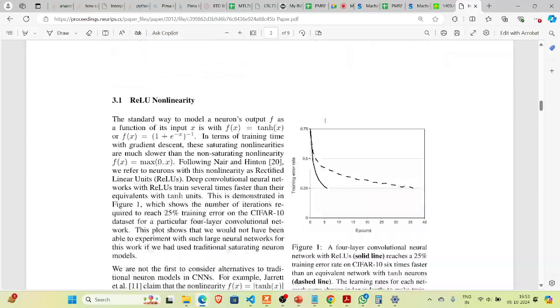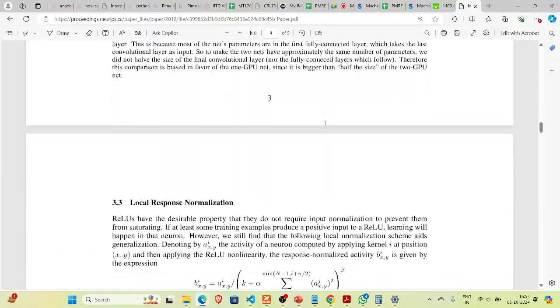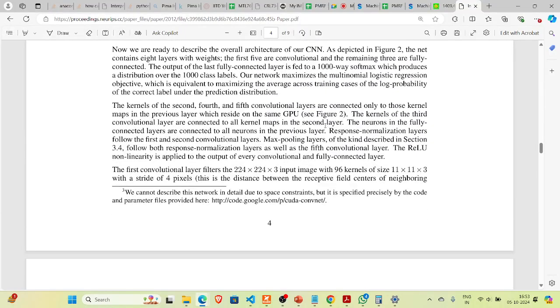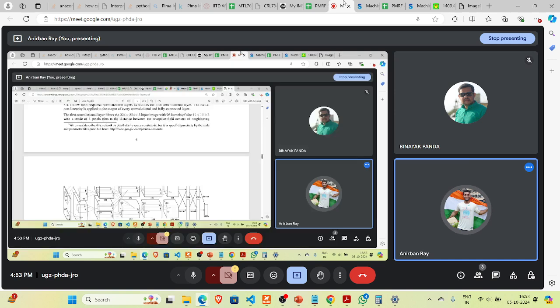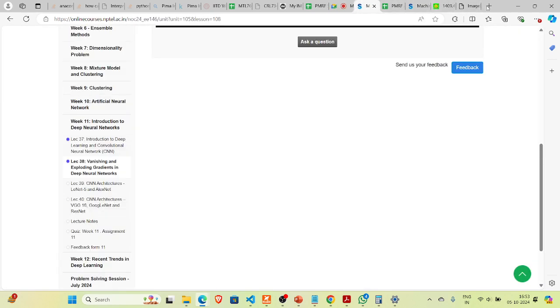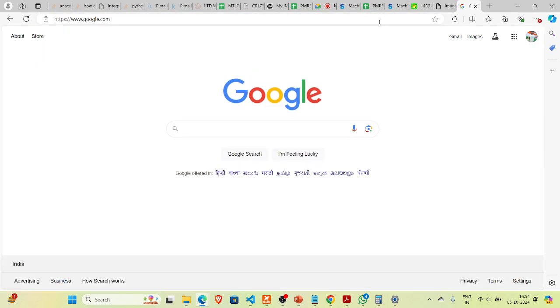That is what they have explained as well: without dropout, they overfit the training dataset but perform poorly on the test dataset. There is a paper on dropout as well, and on batch normalization, so you should check those out.